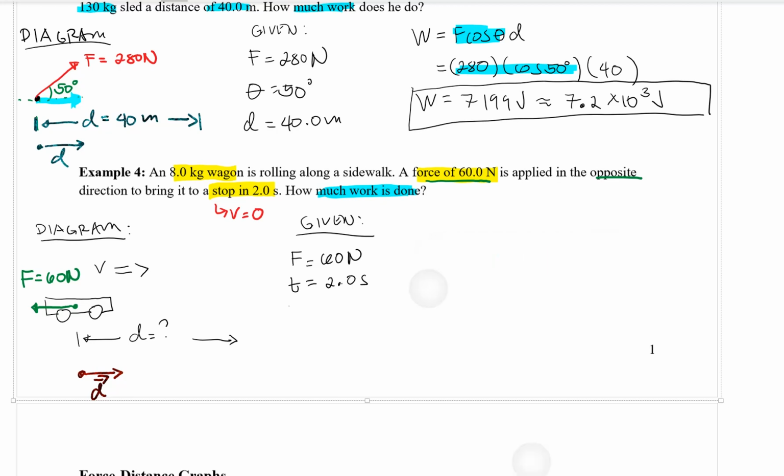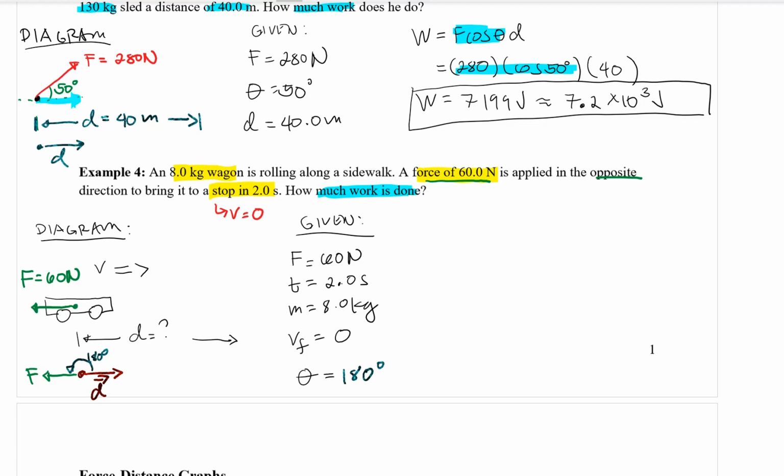I'm given the mass of 8.0 kilograms. The final velocity is 0. And what is your theta in this case? The force is to the left, this is my F, so if you look at the angle between them, this is 180 degrees.